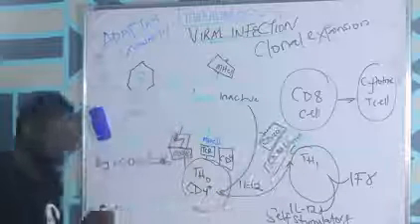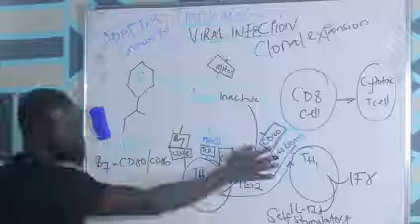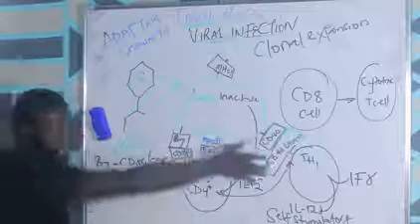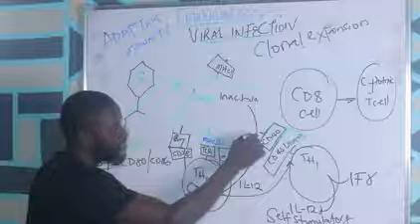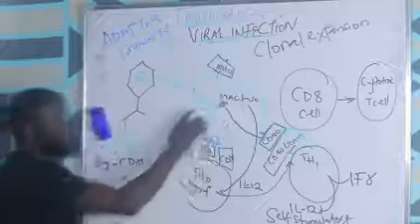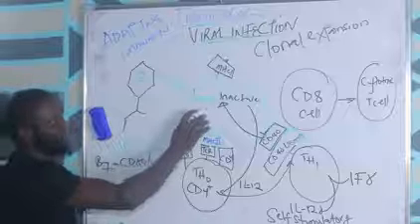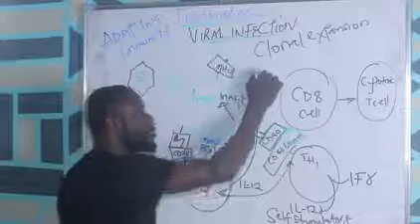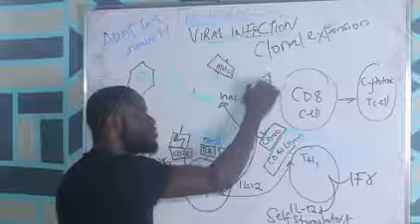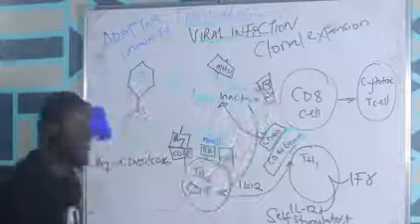When these two things are bound, it activates. CD40 now goes down and activates the macrophage. When it activates the macrophage, it tends to produce and express more B7 on the body.